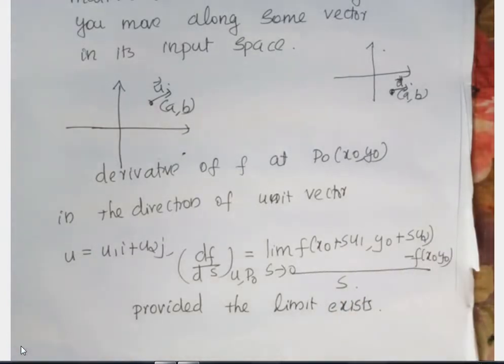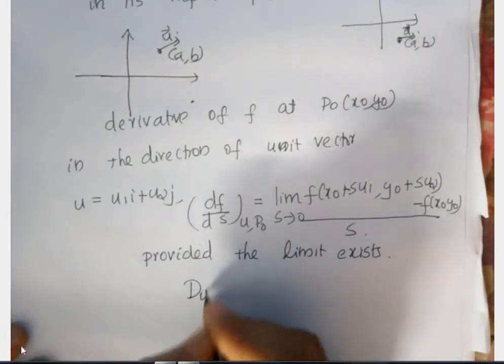This is the directional derivative in a plane at the point P naught in the direction of u, and this is denoted as D_u f.